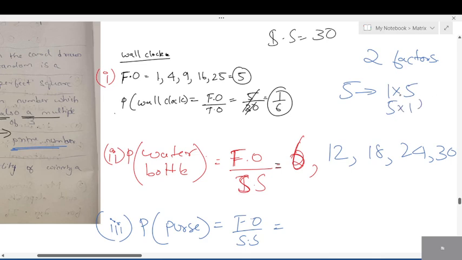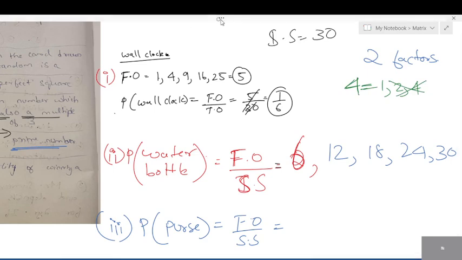So what are the factors? 1 comma 5. What are the factors of 4? Can you tell me the factors of 4? 1 comma 2 comma 4. How many factors are there? 3. So this is not a prime number, right? It is not a prime number.